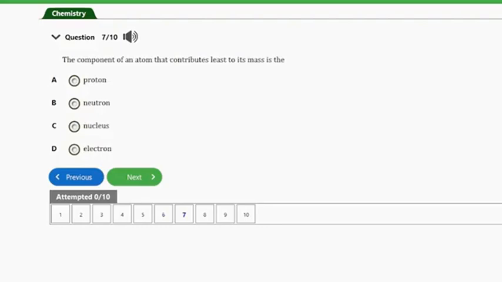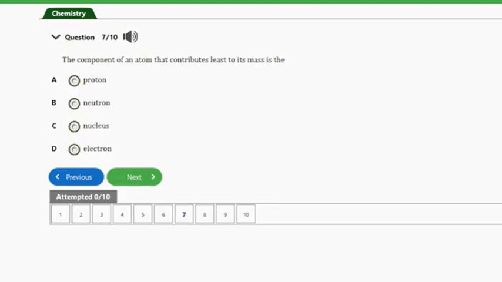Question number 7. It says, the component of an atom that contributes least to its mass is the A, proton, B, neutron, C, nucleus, D, electron. The answer to this question is option D, electron. Electron has the least contribution to the mass of an atom.